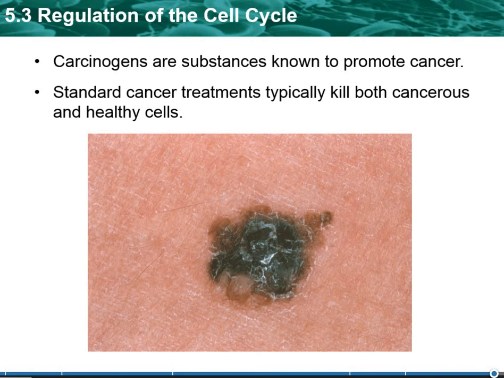Like they may say, okay, we're going to do targeted radiation. So they would shoot radiation at the area that was infected, in hopes of messing up the cell cycle of those cancer cells and causing them to not want to divide. And so that's what the targeted radiation would be.